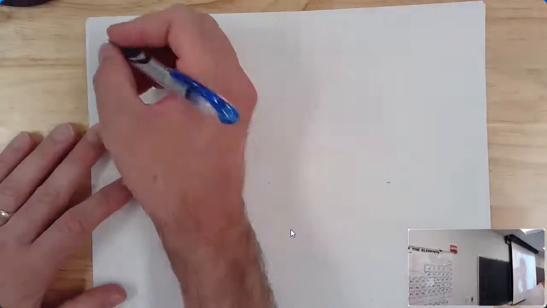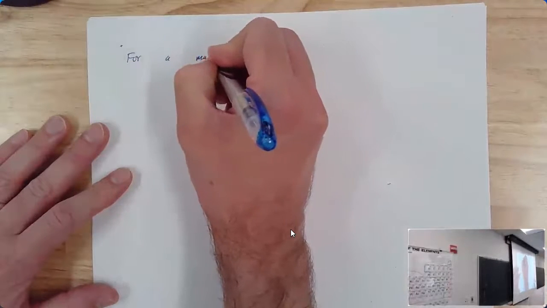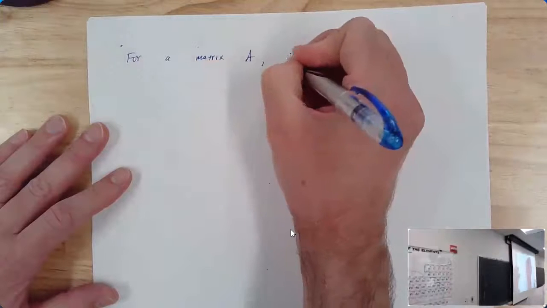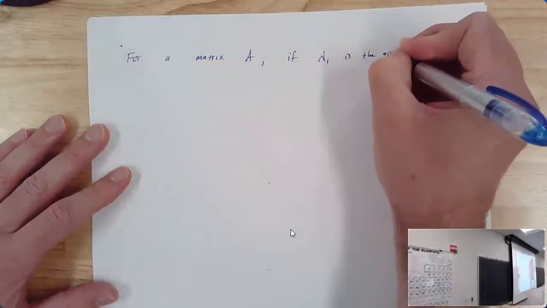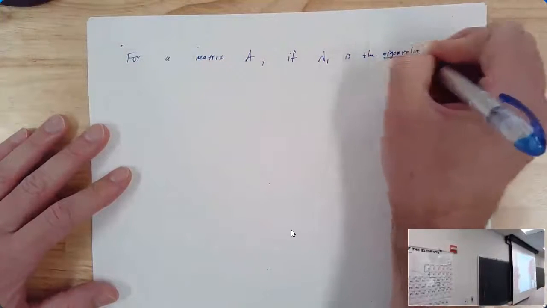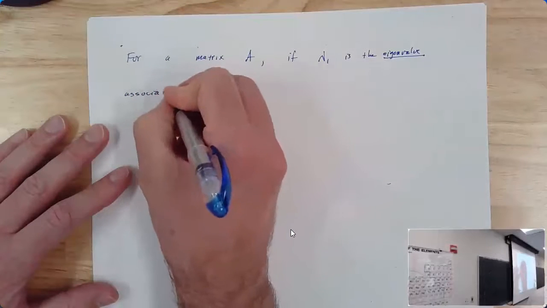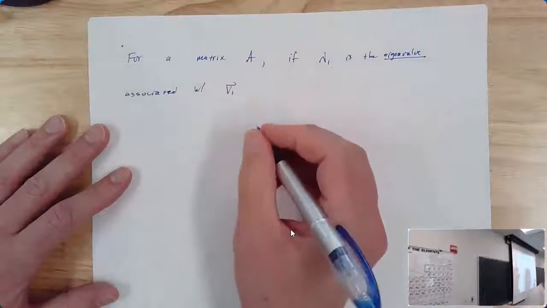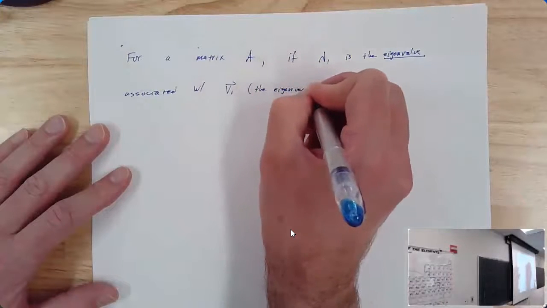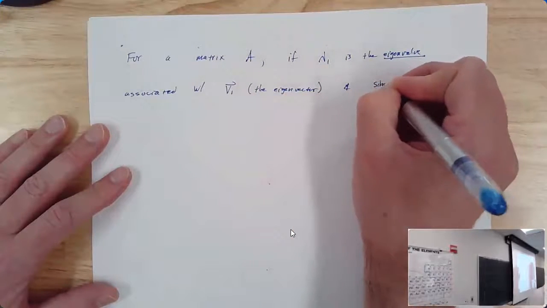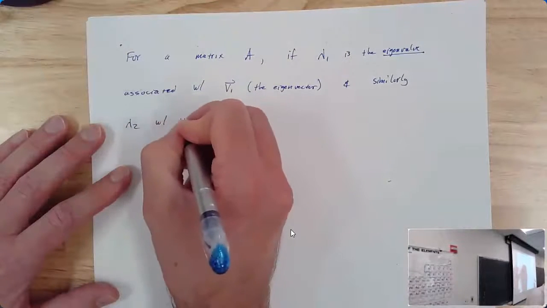So here's what I want to remind you of. For matrix A, if lambda 1 is the eigenvalue associated with V1, the eigenvector, and similarly, lambda 2 with V2.